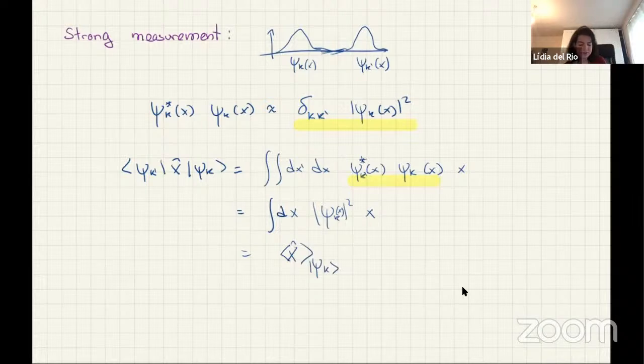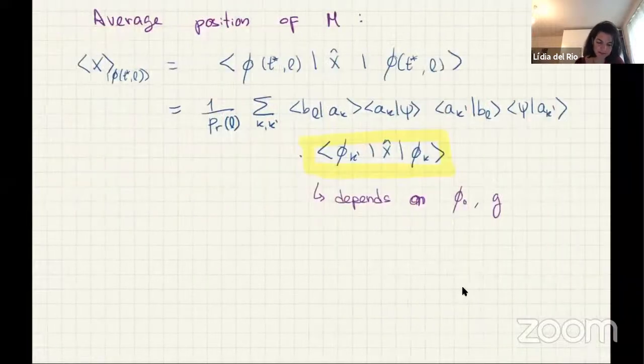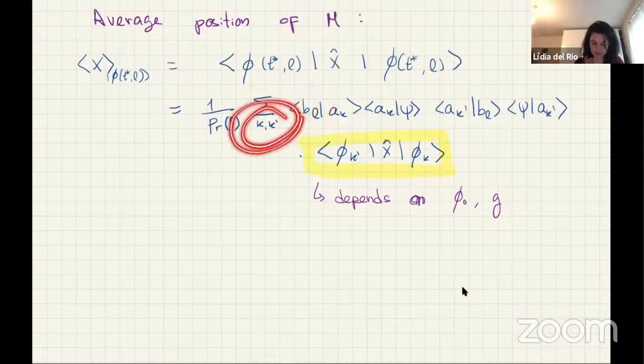So here, if we have this case, then times this delta that carries over. And this delta is very useful because then when you go back here, and yes, all of this sum simplifies because you only care about the case where the cases are the same.